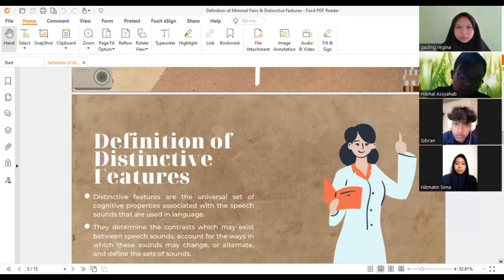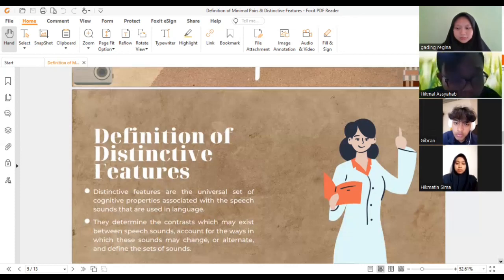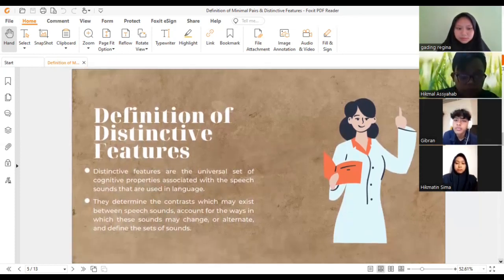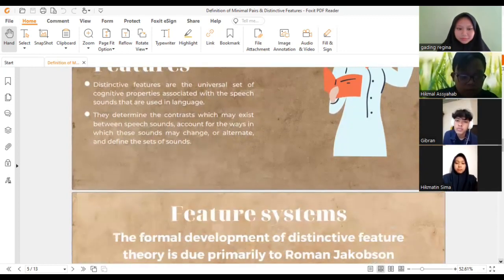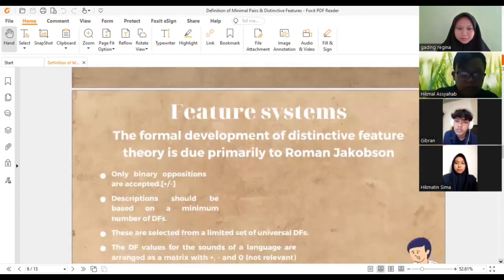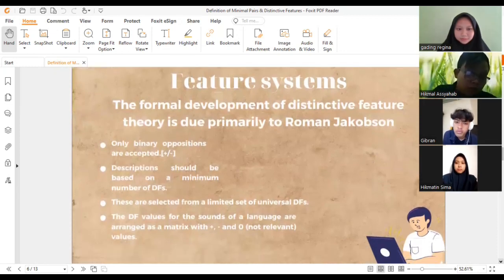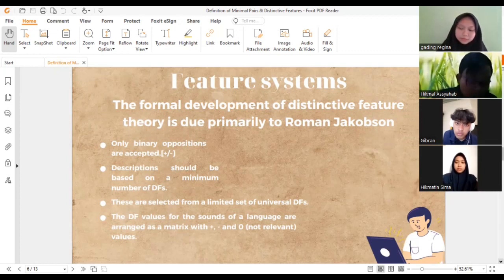Next, theory of distinctive features. A theory of distinctive features is expected to fulfill the following requirements, in the words of Fischer-Jørgensen and Jakobson. They should be capable of categorizing cultural segment classes.